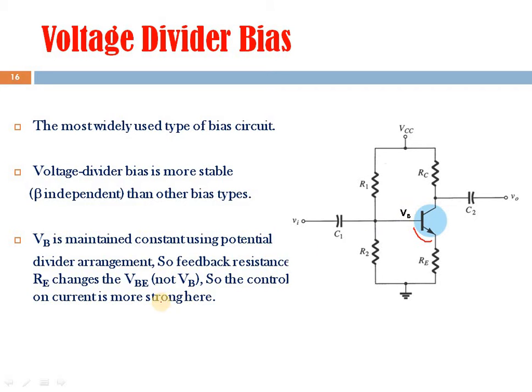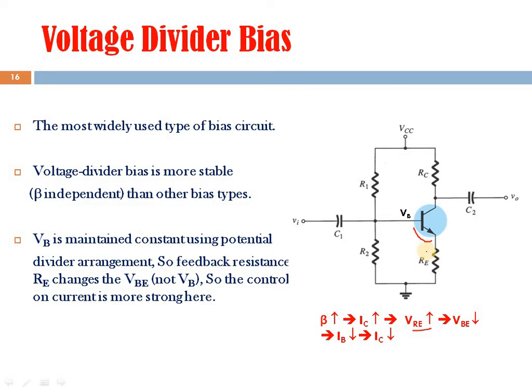And that's why the control on the current is stronger here. The loop takes place like this. Suppose beta increases. You can take the other example also, when beta decreases, but here I am taking the example that beta increases. When beta increases, the current IC will increase, so VRE will increase, of course.